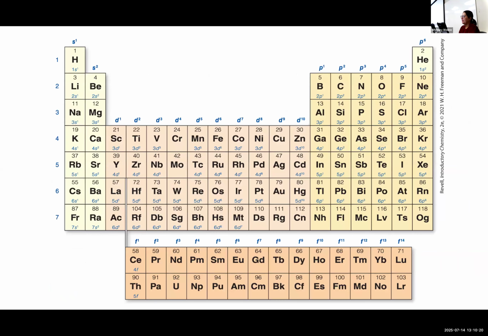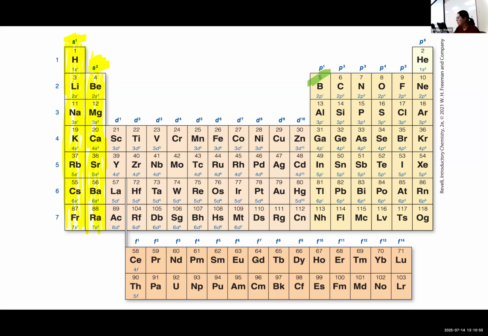All right. Rows are very important. So you want to be able to know, okay, where is it at? And I also kind of hinted at before that your columns in groups 1 and 2 are going to be S. So I'm going to highlight this real quick. Your S block are columns 1 and 2, or groups 1 and 2.